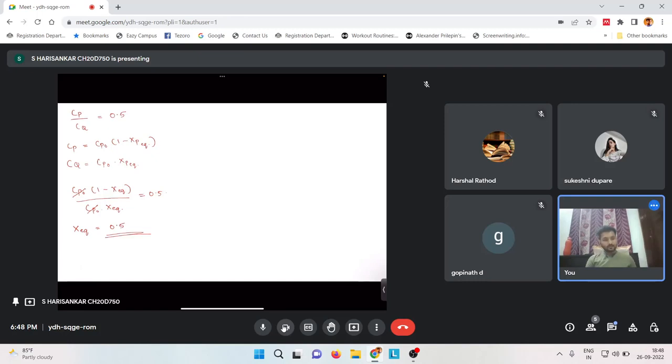Okay, now the data they have given is that the actual conversion in the system is 75% of X equilibrium. Then Xp will be point... Okay, I made a mistake here, sorry.